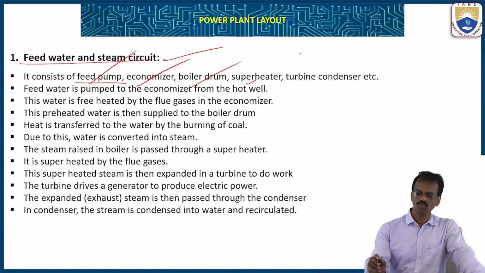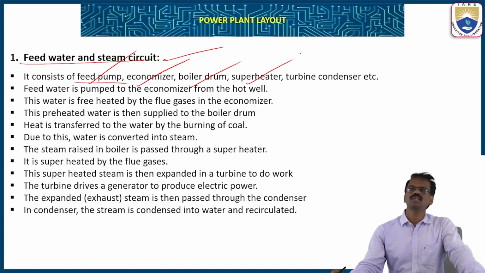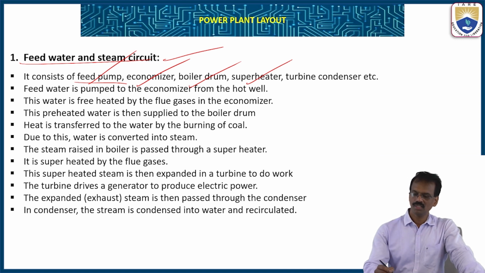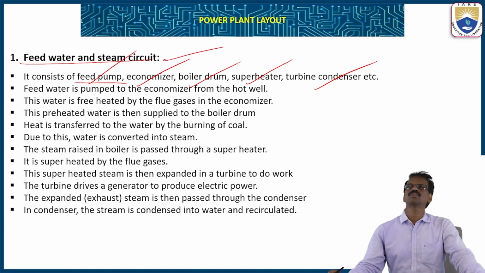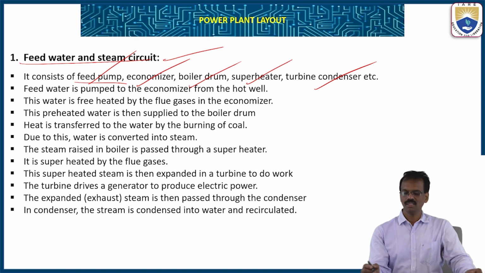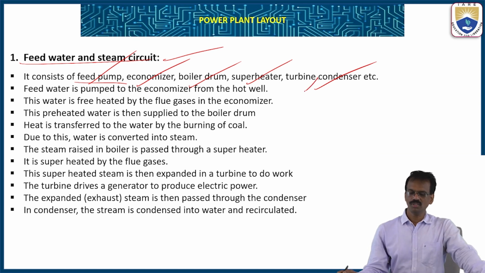And next one is the superheater. What is the functioning of the superheater? We'll see. Next, the turbine and condenser also. Okay, so these are the important parts which are covered under this circuit, the feed water and steam circuit.